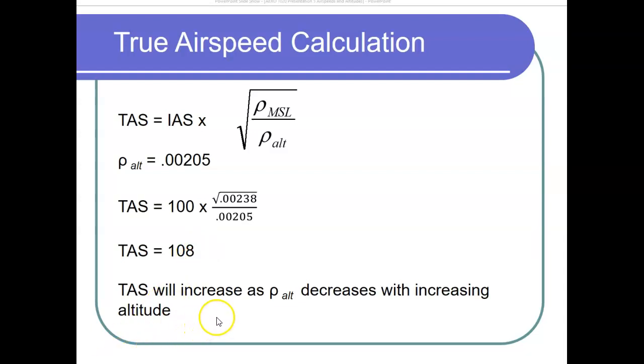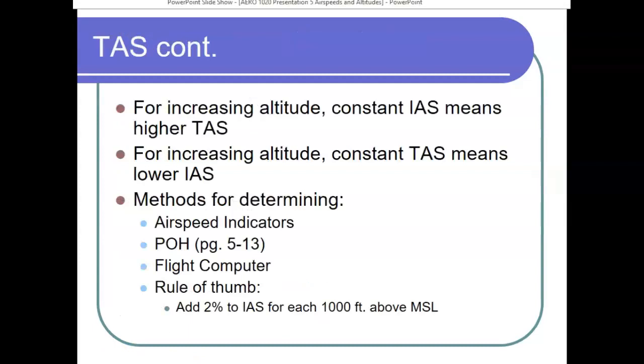So as you can see, true airspeed increases as the density decreases with increasing altitude. So for increasing altitude, constant indicated airspeed means a higher true airspeed. For increasing altitude, a constant true airspeed means a lower indicated airspeed. And there are different methods to determine what our true airspeed is.